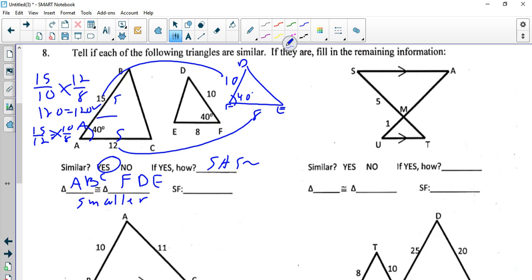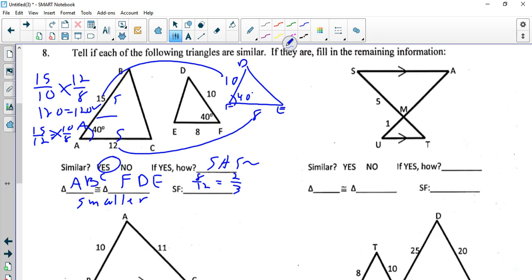Which means when I take my ratio of like 15 and 10, or 12 and 8, I need to put the smaller number on top. So 8 over 12, which reduces to 2 over 3. My scale factor from ABC, the bigger one, to the smaller one is 2/3. Now if I put FDE to ABC, that would be 3/2.